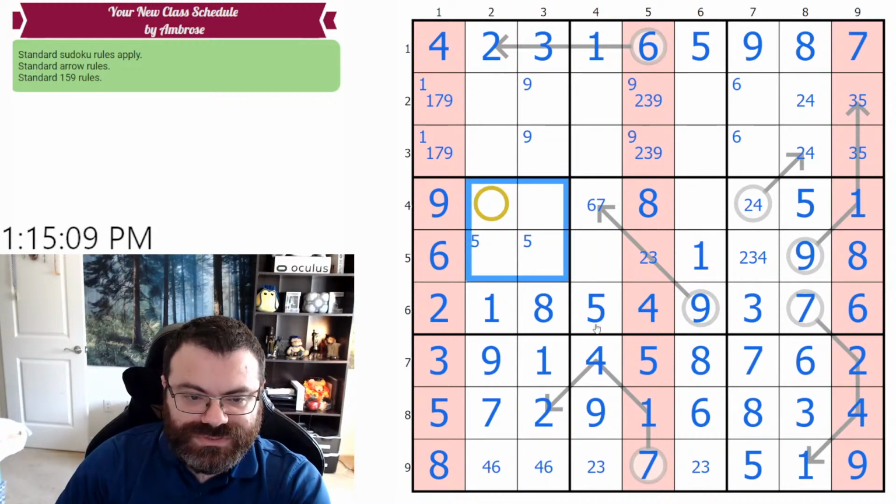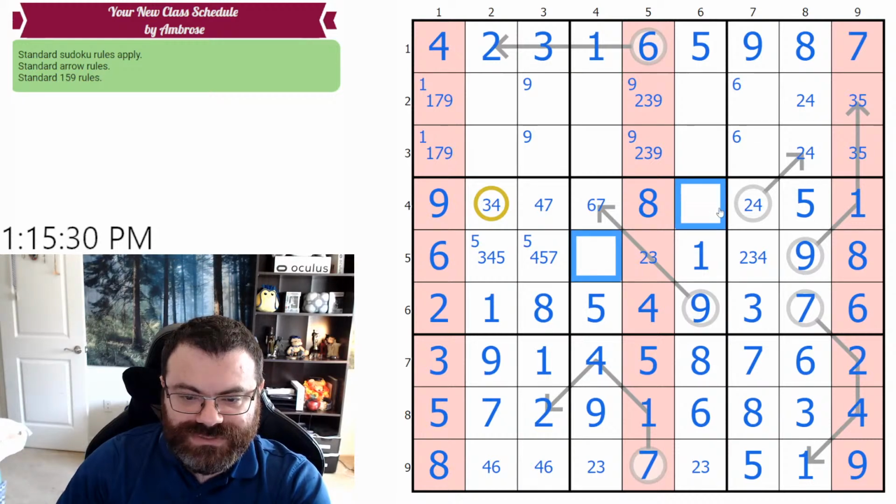Okay, so we've got 1, 2, we need 3, 4, 5, 7. 5's not here. 3, 4, 7. These aren't 3's. These aren't 7's. What's left here? 2, 3, 6, 7.